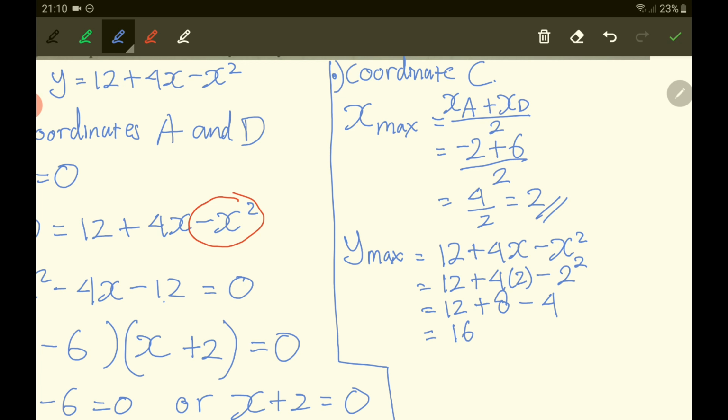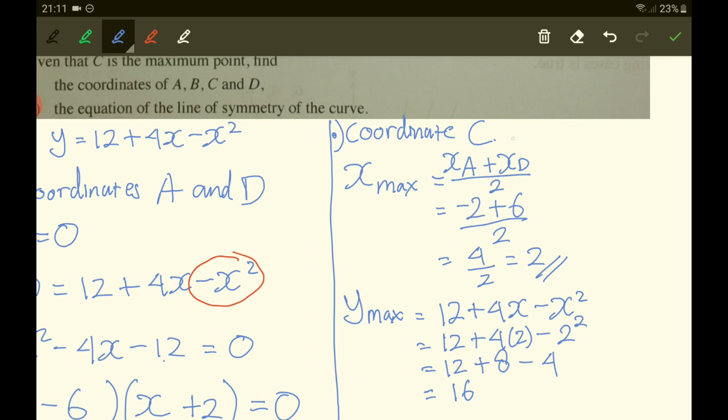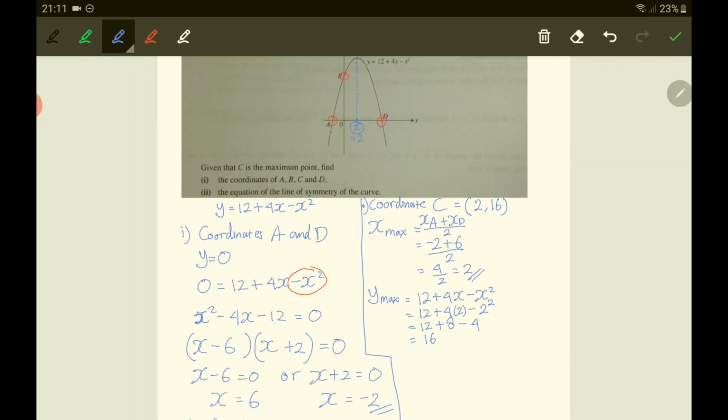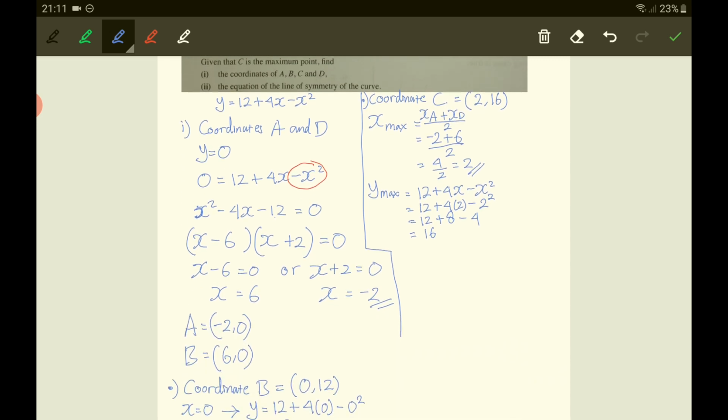So we can say that the coordinate of C is 2 comma 16. So done. This is for all coordinates A, D, B, and C.